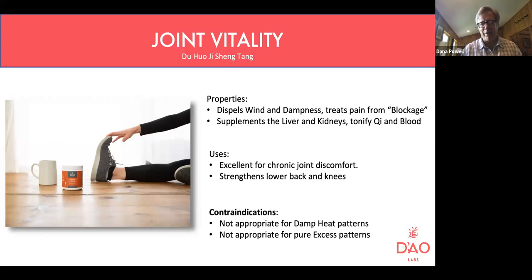Now, in my clinical practice, I find that a lot of patients have complicated mixed patterns of excess and deficiency, so I find this formula to be extremely useful, particularly for older and middle-aged individuals.